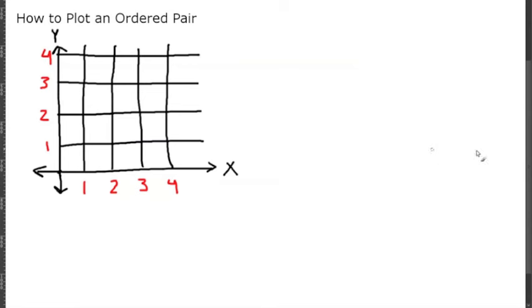Now, if I was to give you the coordinate, let's say 0, 2, you would move 0 in the x direction, so you don't move at all. So you're stuck right here on this x number line, you're stuck in the 0. But you have to move 2 along the y-axis. So you go 0 for x and then up 2 for y. So that point 0, 2 would be right there.